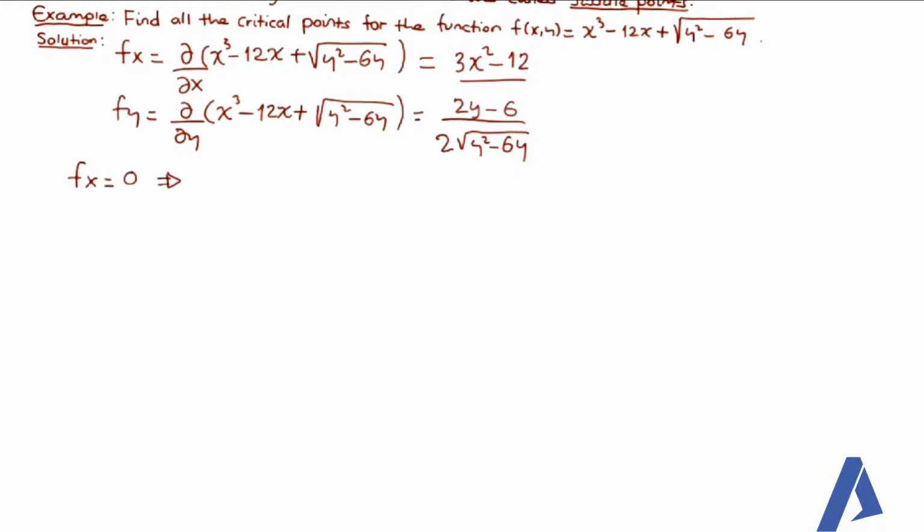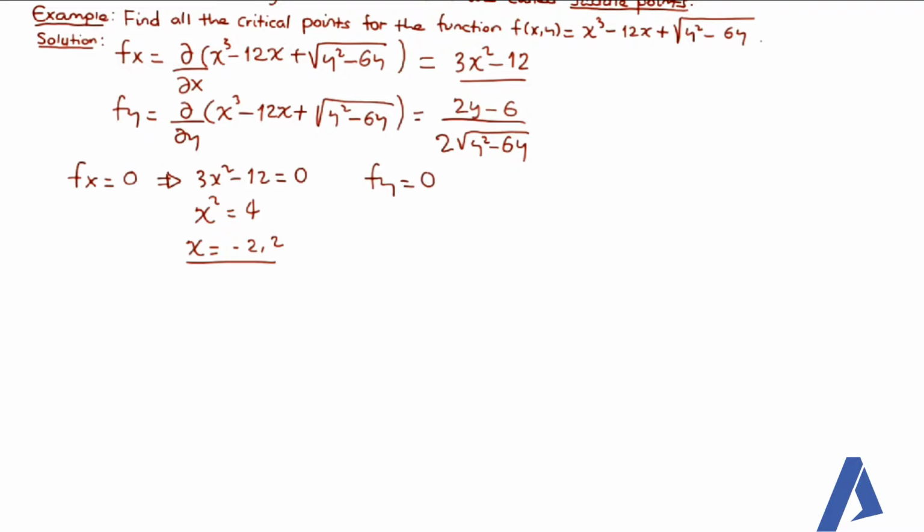fx is equal to 0, which implies that 3x squared minus 12 is equal to 0. In this case x squared 4 ይሆናል። x is equal to minus 2 and 2 አለን ማለት ነው። fy again is equal to 0.